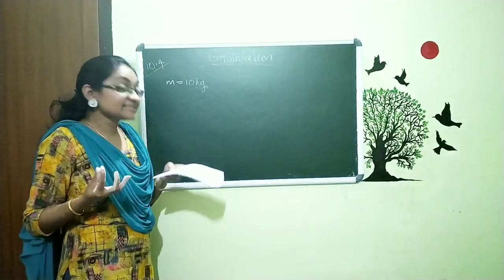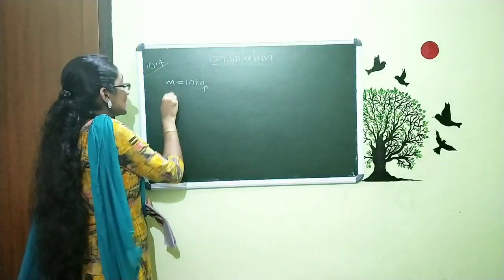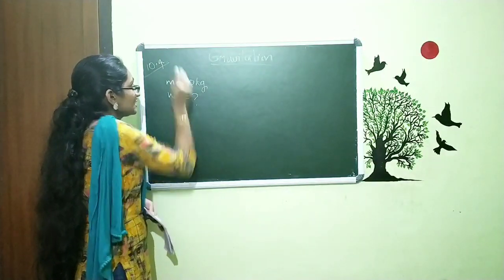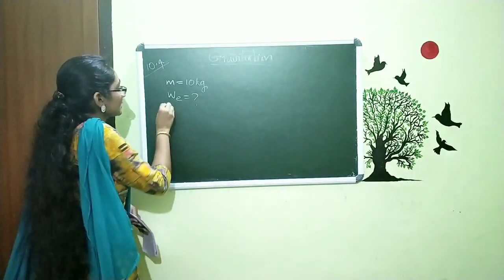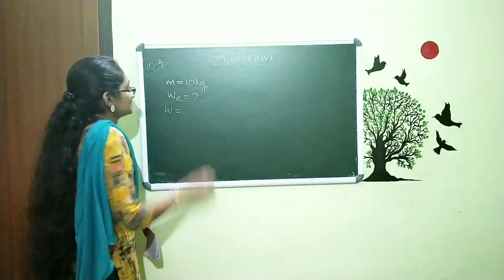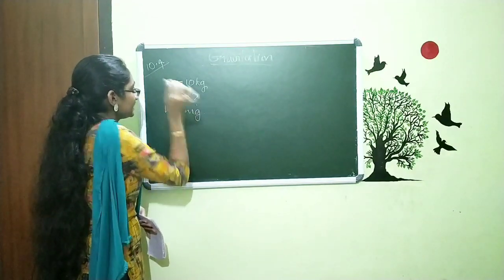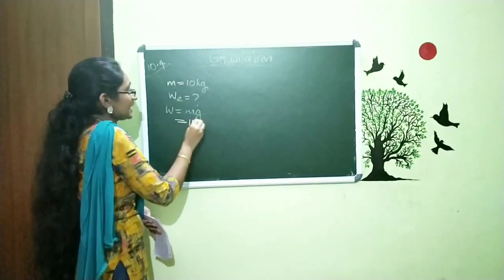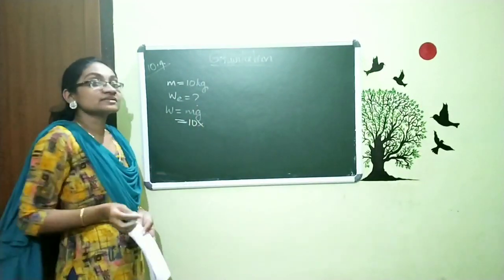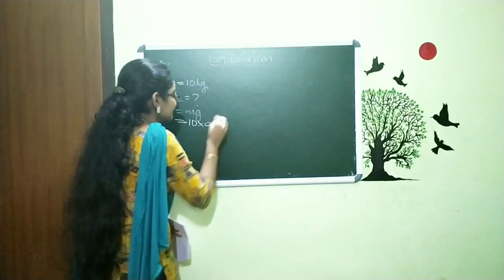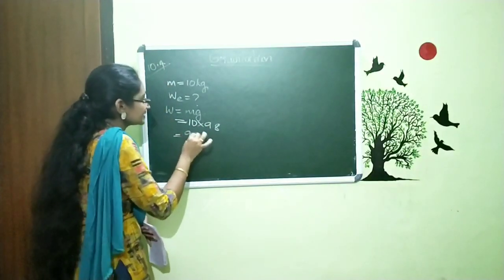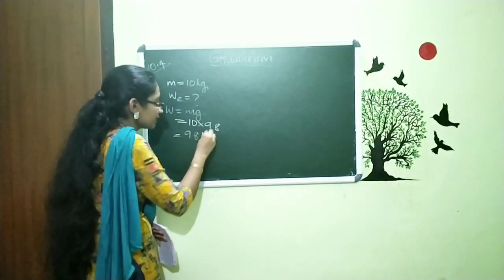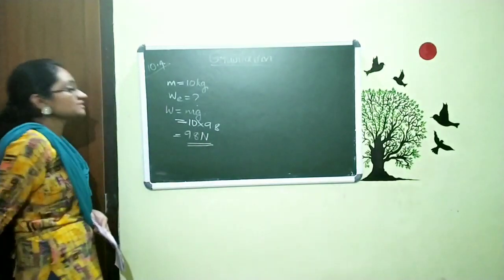What is the weight on Earth? What is our equation? W is equal to mg. So mass is 10 and what is g on Earth? It is 9.8. So we get 98 Newton. This is the weight of the object.